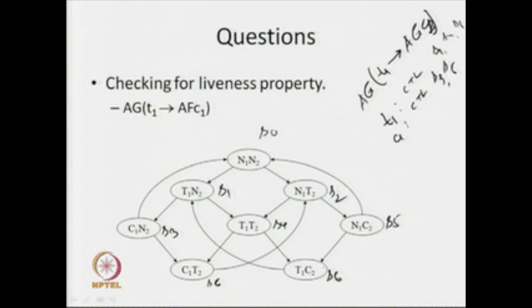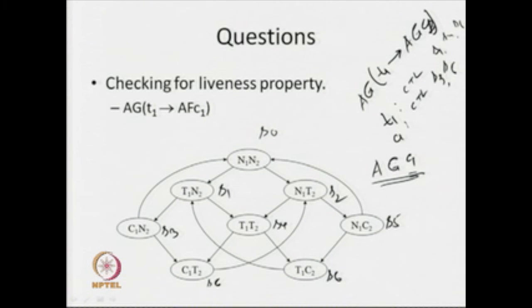Now, what is the next formula that we have to look into? These are atomic propositions, so these are CTL formulas. Now, the next formula will be AG C1. Since C1 is a CTL formula, AG C1 is also a formula.